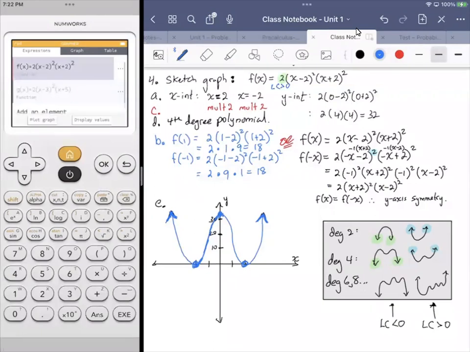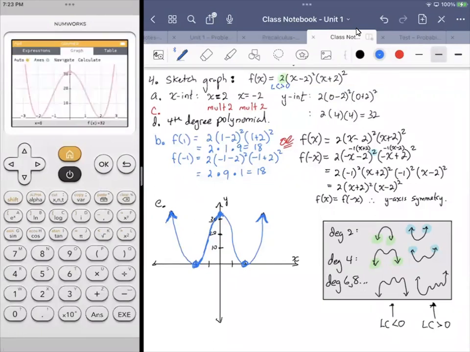All right, so this is my equation. Take a quick look at the picture. That looks pretty close to what I did. Obviously better, but pretty close. And so now I'm pretty comfortable with the nature of this graph.